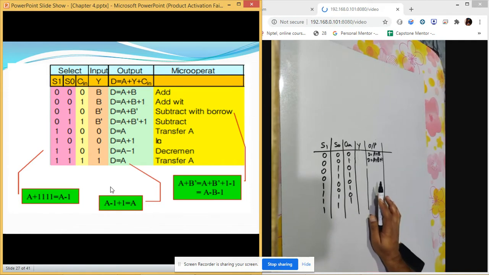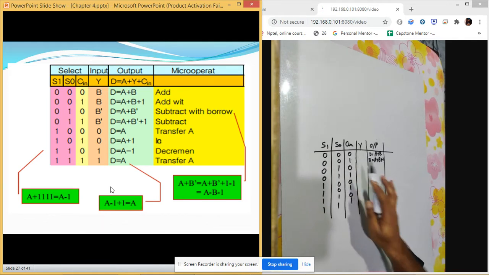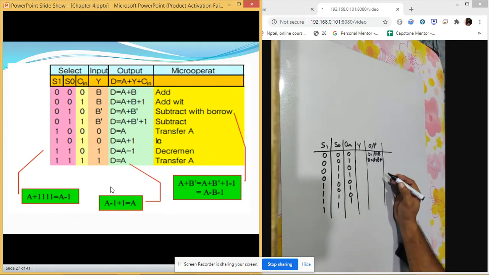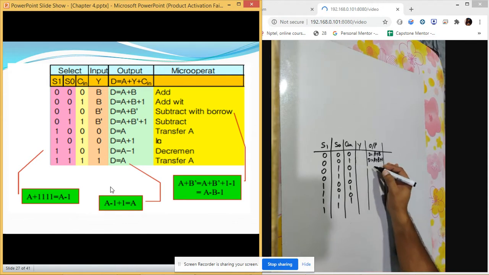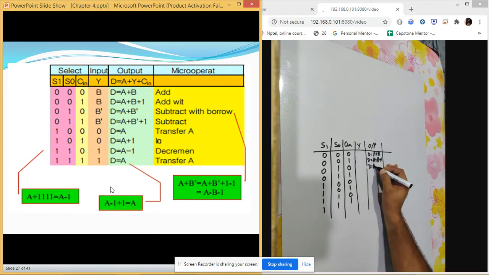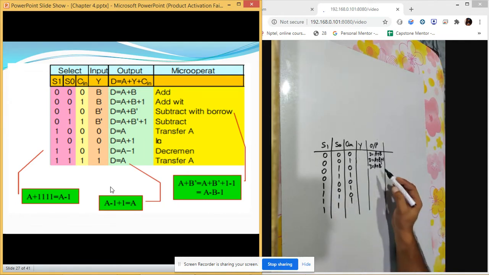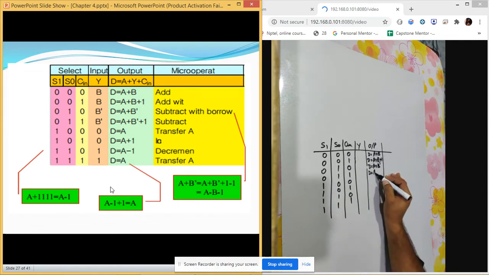A plus B will remain the same because we have a full adder in it. For 0 1, we have a separate input. In this case, D is equal to A plus B bar. Here the carry is 1, so D is equal to A plus B bar plus 1.